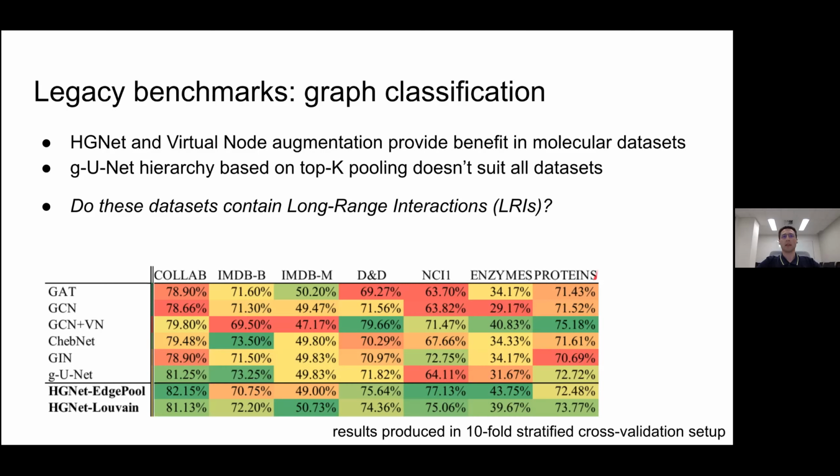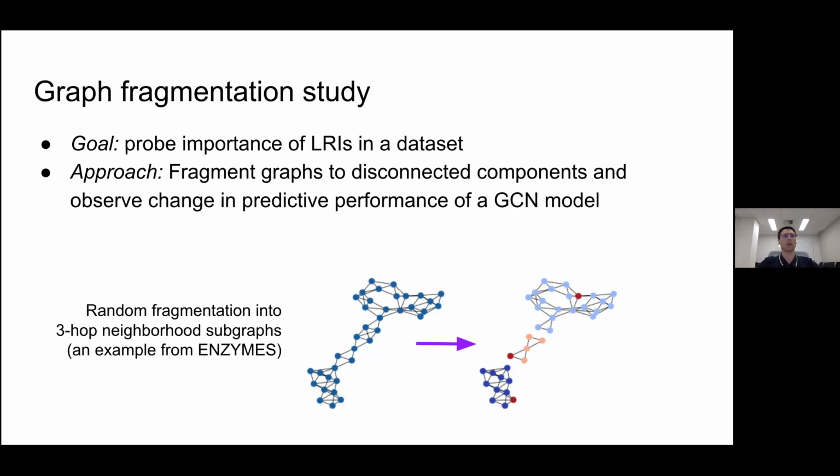And as we can see, the hierarchical models are pulling ahead in some, but not in the others. And the results are kind of all over the place in this sense. And really the question is then which of these data sets actually contain any long-range interactions, and whether the data sets are really challenging enough for these models.